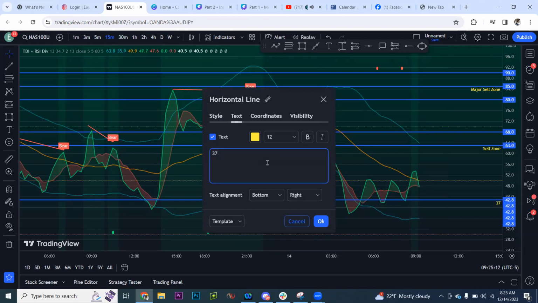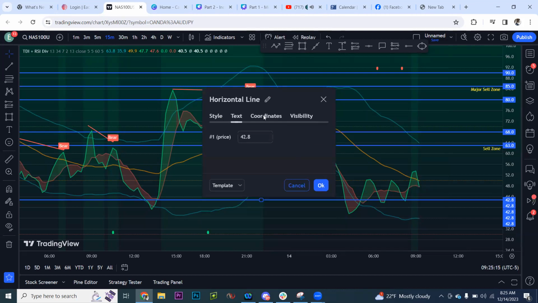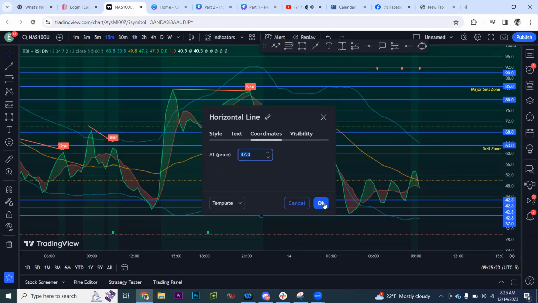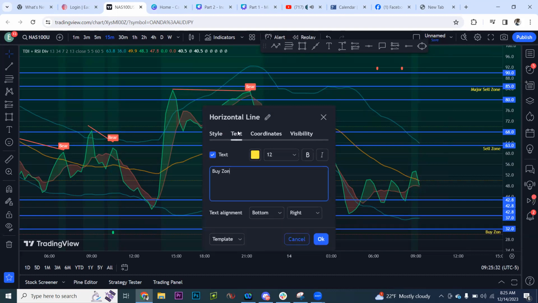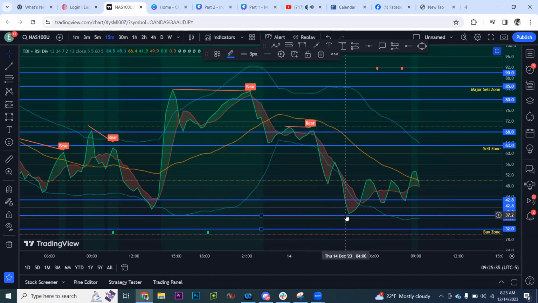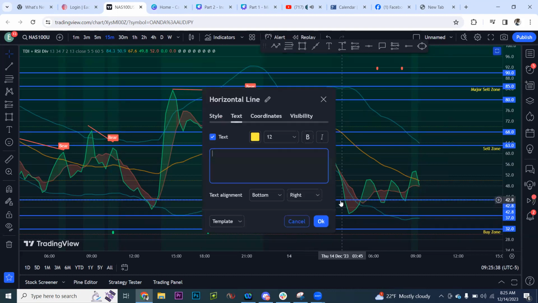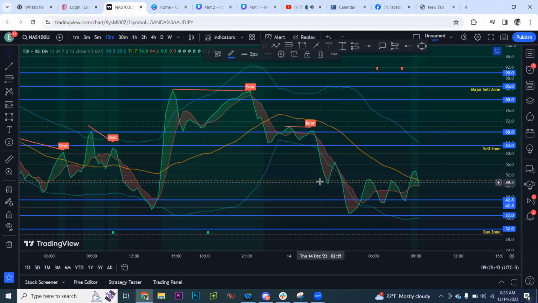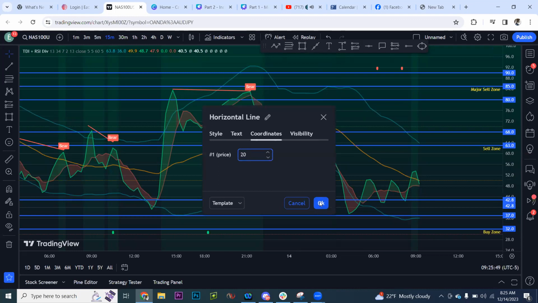37. This is a regular buy zone. Excuse me. 10. 20. 15.